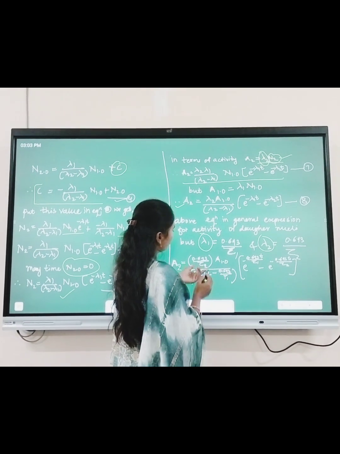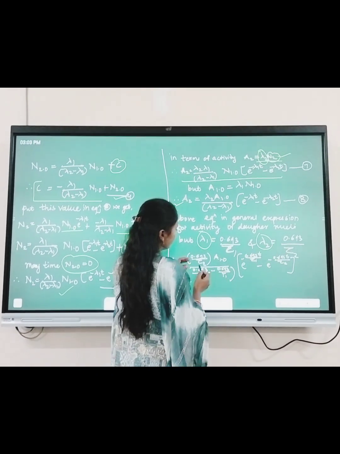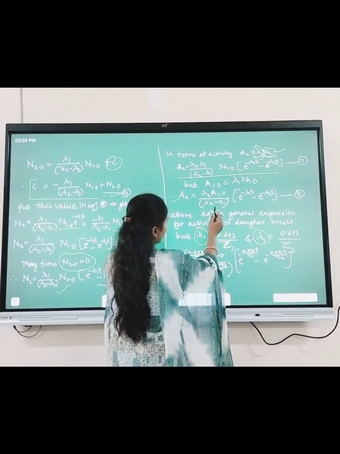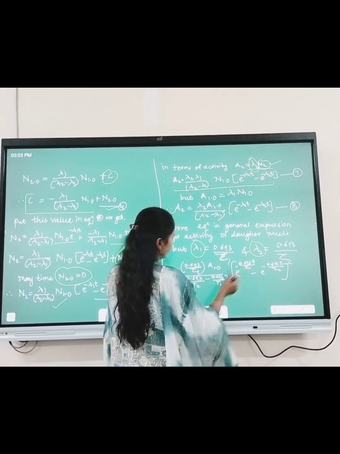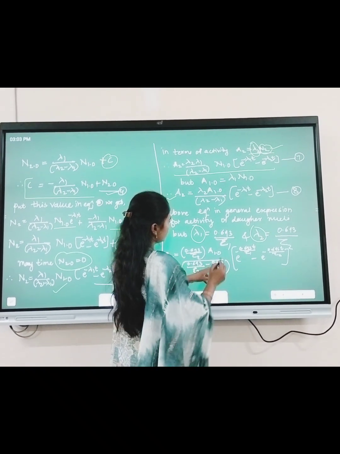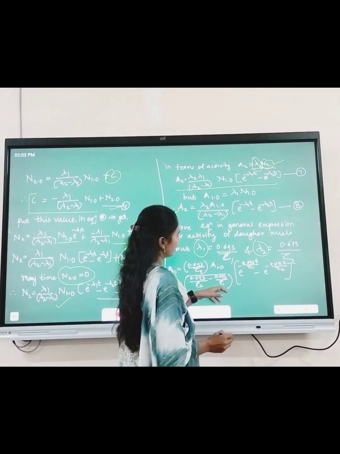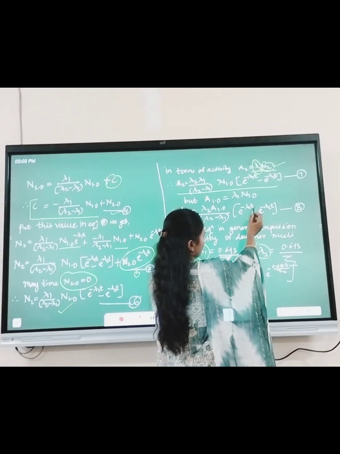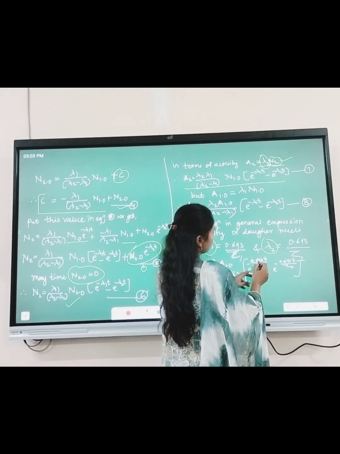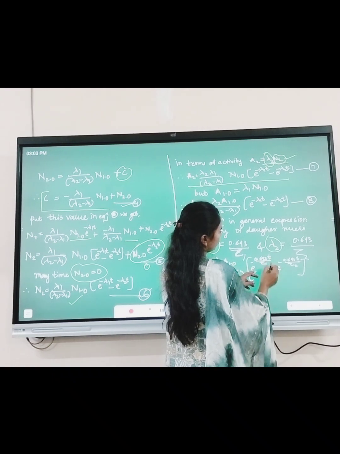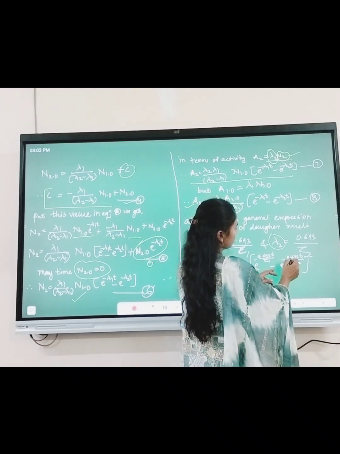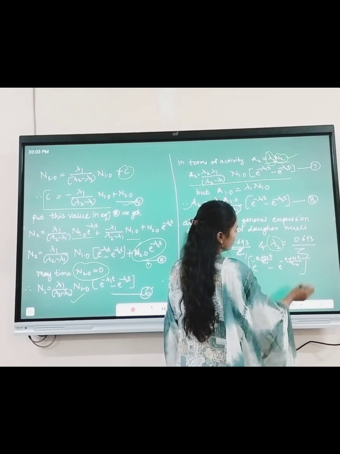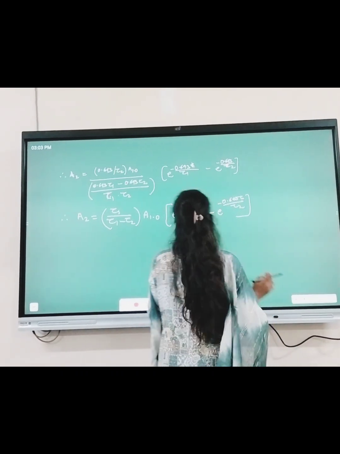The value of lambda 2 is 0.693 divided by tau 2 into A1.0 divided by lambda 2 minus lambda 1, that is 0.693 divided by tau 2 minus 0.693 divided by tau 1, then multiplied by e raised to minus 0.693 divided by tau 1 into t minus e raised to minus 0.693 divided by tau 2 into t.